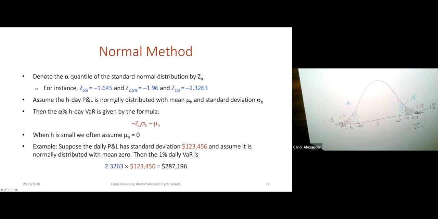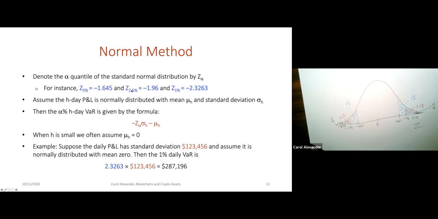Okay, so suppose that the H-day P&L is normally distributed not with mean 0 and standard deviation 1, but we use this notation, mu H and sigma H. Then this is the formula for the alpha percent H-day VAR. The alpha comes from this.